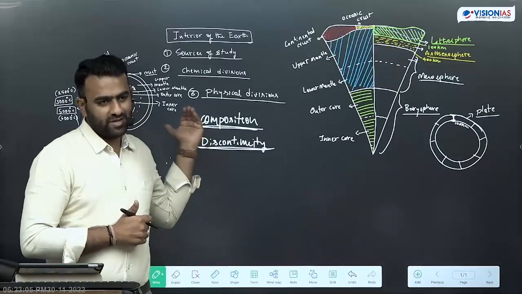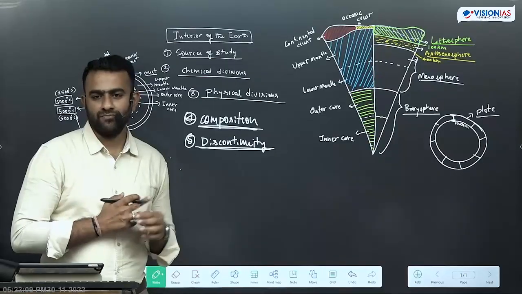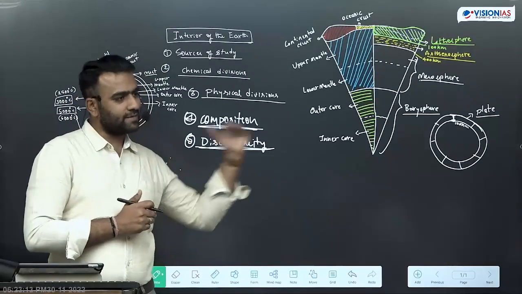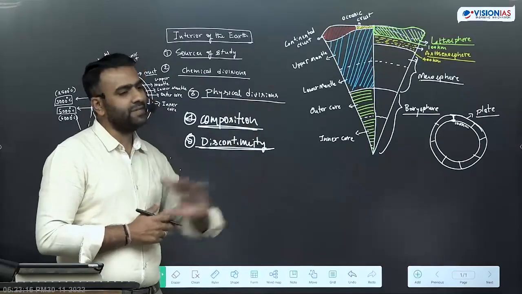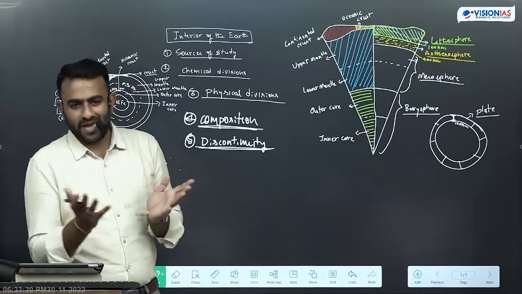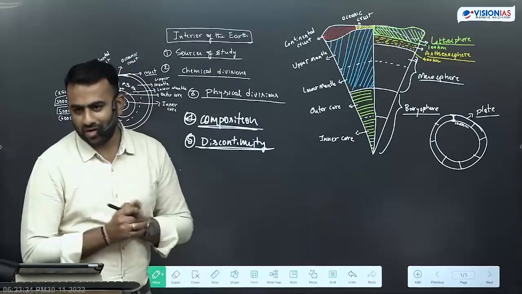So if you are traveling from crust to mantle, we will see a sudden difference in the properties once we enter the mantle. From mantle to core, again there is a sudden difference. So that transition zone where we can identify different characteristics, suddenly change हो जाते हैं, density change हो जाएगा, the chemical composition change हो जाएगा.